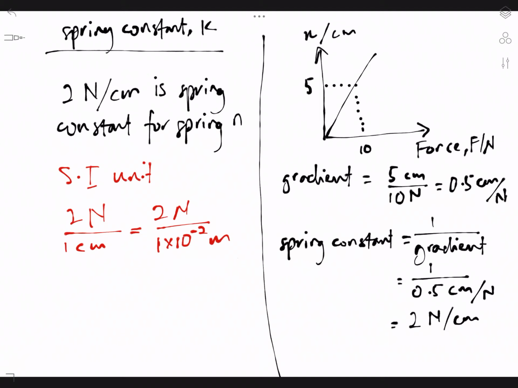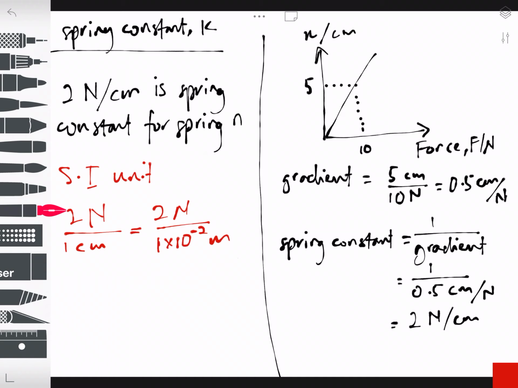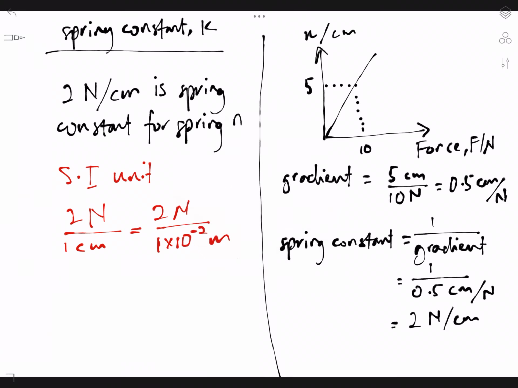Now we are going to learn more about spring constant. From the previous video, we have learned that the spring constant for spring N is 2 Newton per centimeter. However, when you look at this unit, you understand that it is not an SI unit, because the SI unit for length is meter.